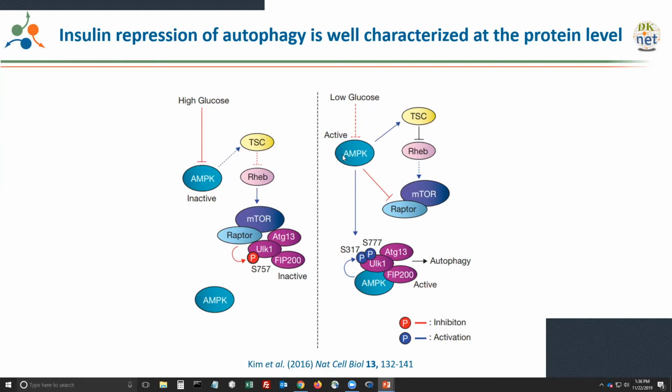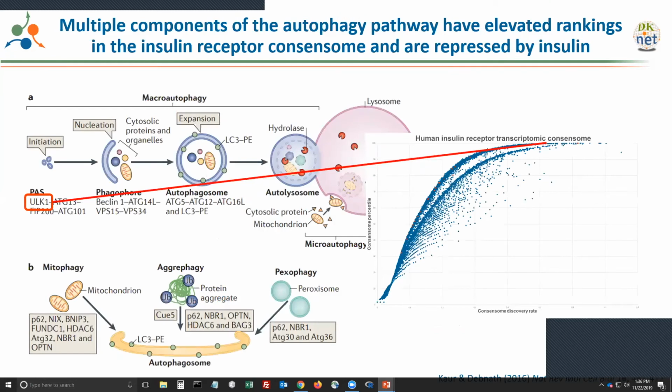Now, interestingly, and this is something that has not been explored in the research literature, key factors that are involved in the regulation of autophagy are actually highly ranked in the insulin receptor family consensome, indicating that they are transcriptionally very responsive to signaling through the insulin receptor family. And these include, for example, ULK1 here, ATG14, also known as ATG14L.